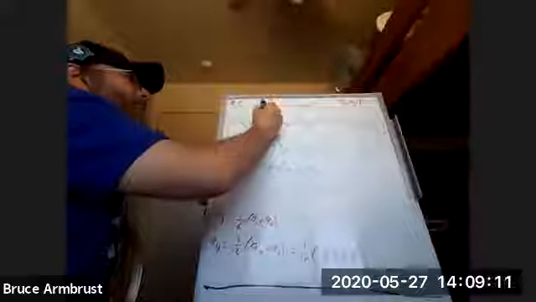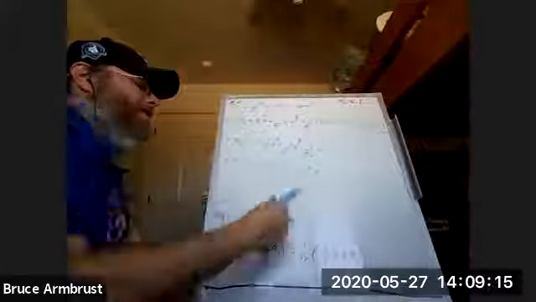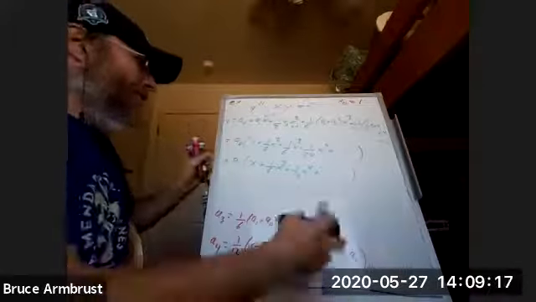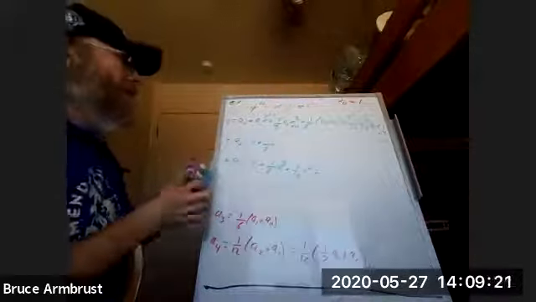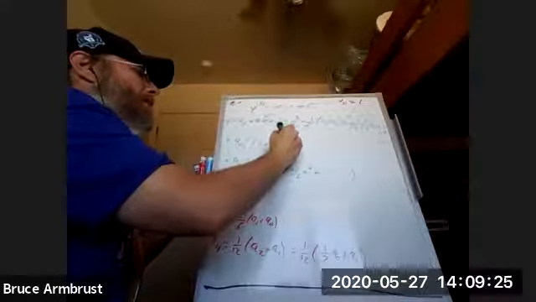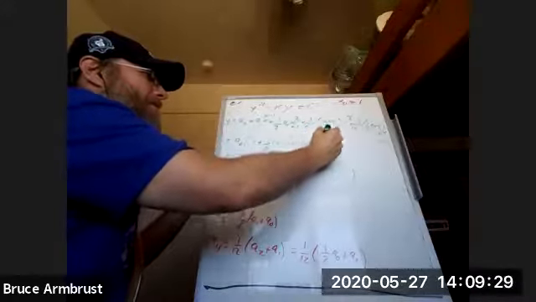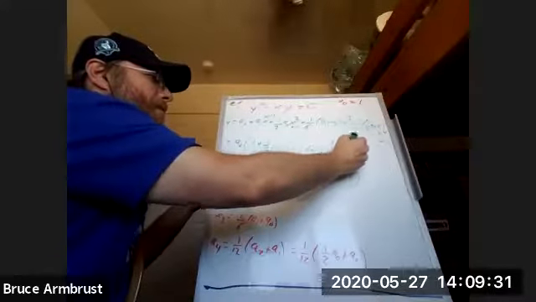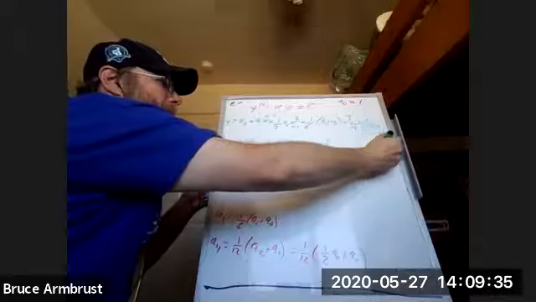Yeah, these should all be x minus 1. I'll correct it right here. So we're going to get 1/2 times x minus 1 squared plus 1/6 times x minus 1 cubed plus 1/24 times x minus 1 to the 4th, dot, dot, dot.